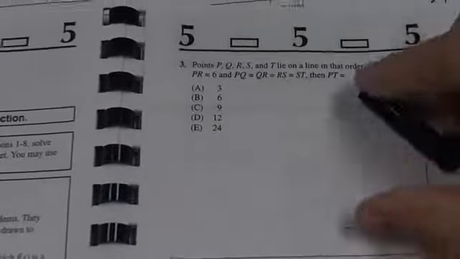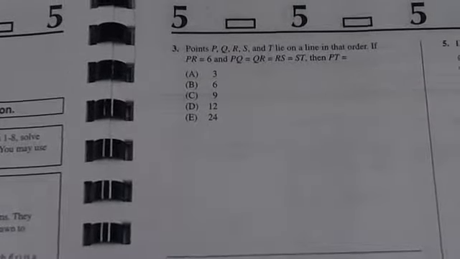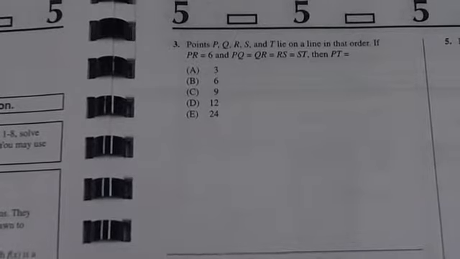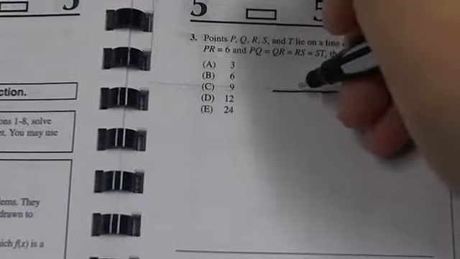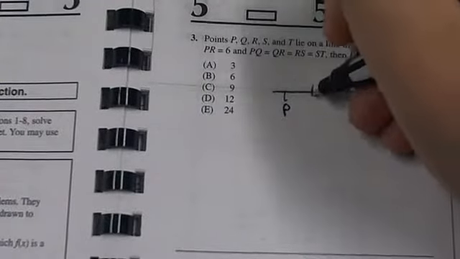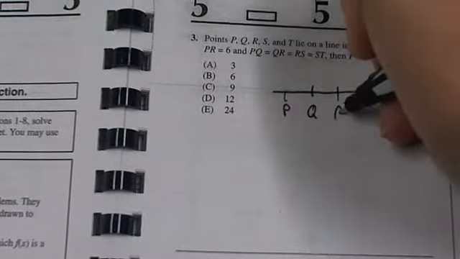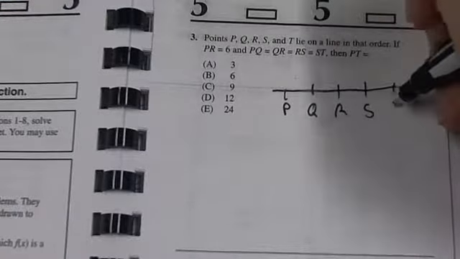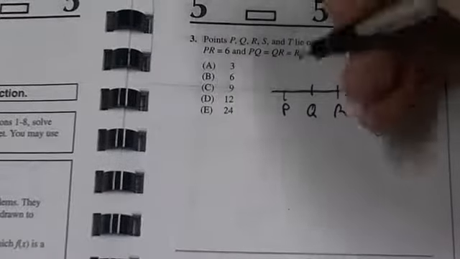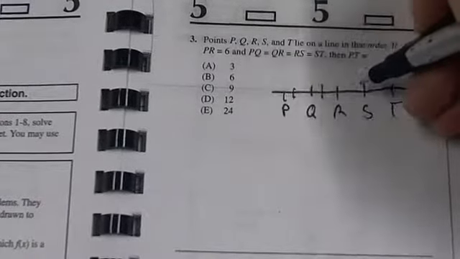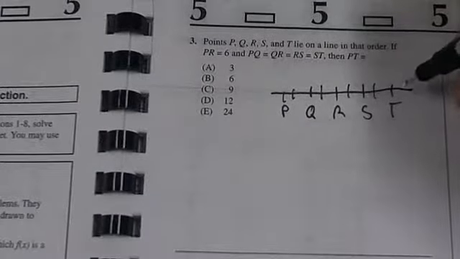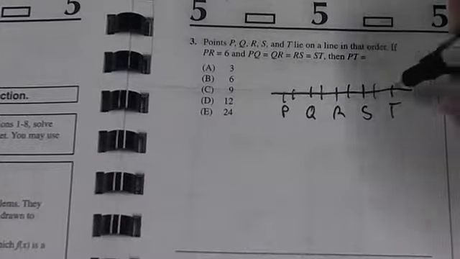Number 3. Points P, Q, R, S, T lie on a line in that order. If PR is 6, so let's draw the line. It's P, Q, R, S, T. If PR is 6 and PQ is the same as QR, the same distance, RS, ST, then PT is what?